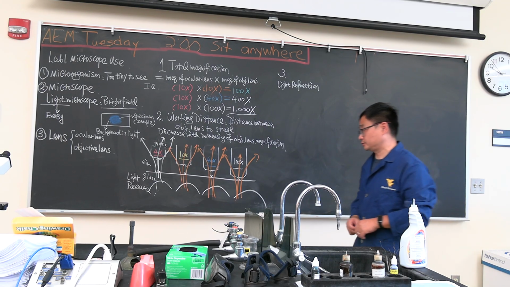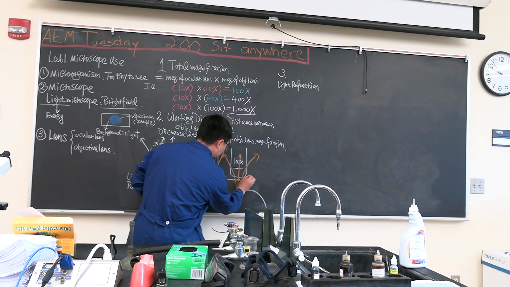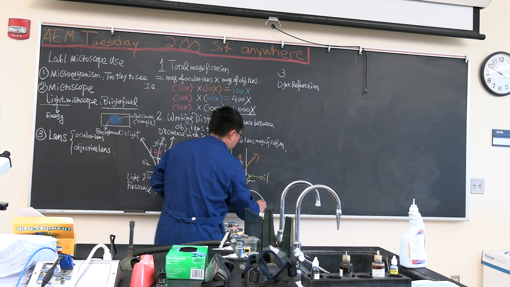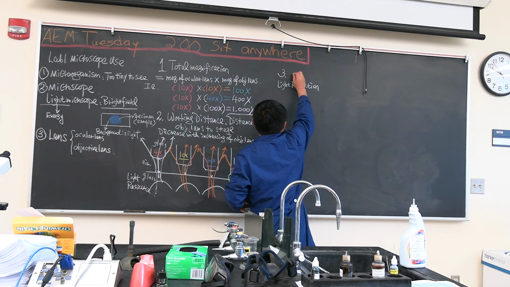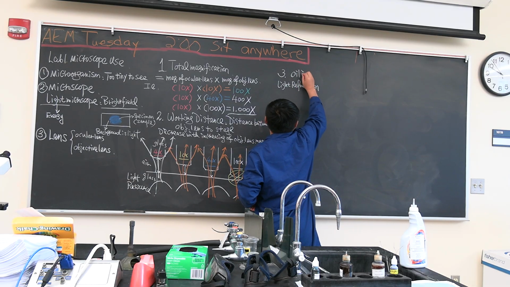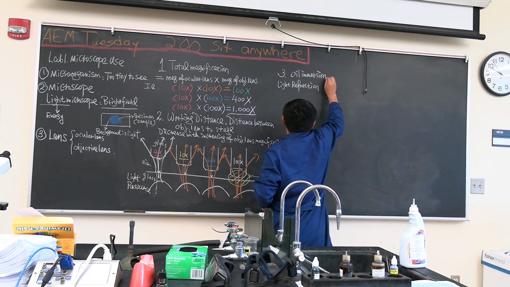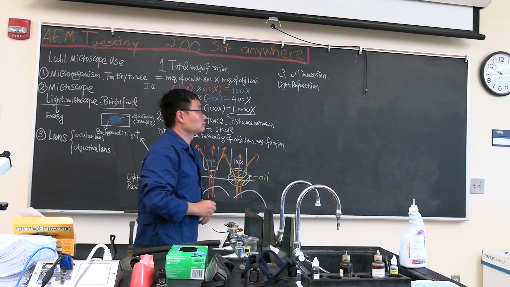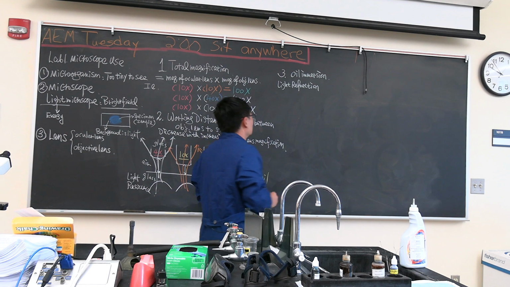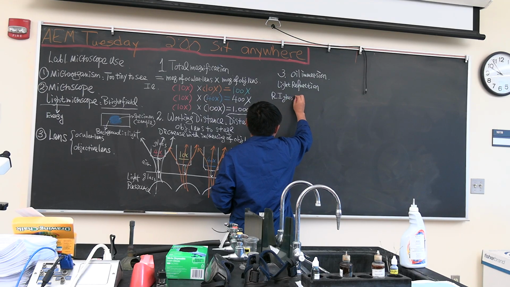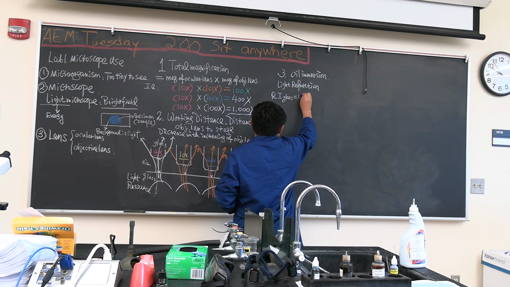Put one drop of the oil. We're going to put one big drop of the oil right here. This comes with an important terminology called oil immersion. So why? Because the refraction index of glass equals 1.5.